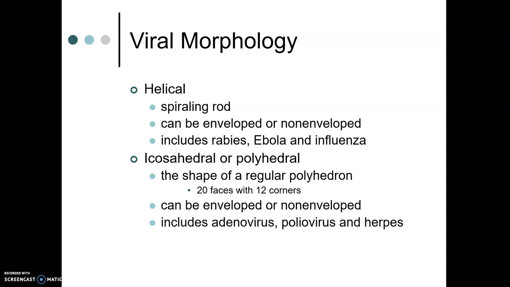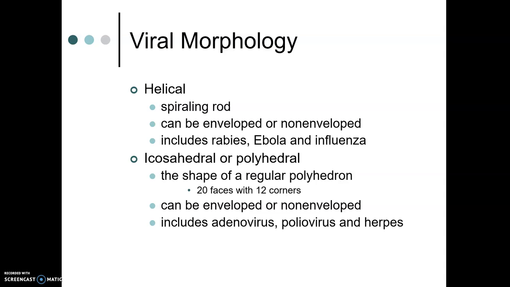Then we have something called an icosahedron or polyhedral morphology. An icosahedron is a geometrical shape with 20 faces and 12 corners. The best way to think about an icosahedron shape is just to think about a soccer ball.